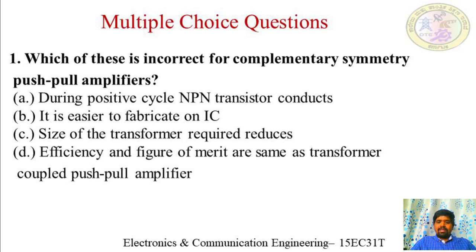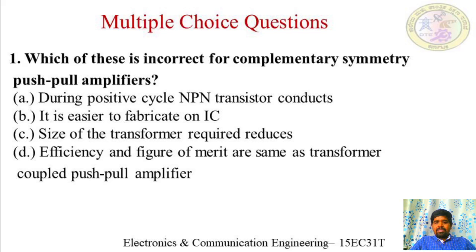It is easier to fabricate on IC. Obviously it will be easy because we are not using a transformer. The size of the transformer required reduces. And the last one: efficiency and figure of merit are the same as a transformer coupled push-pull amplifier.